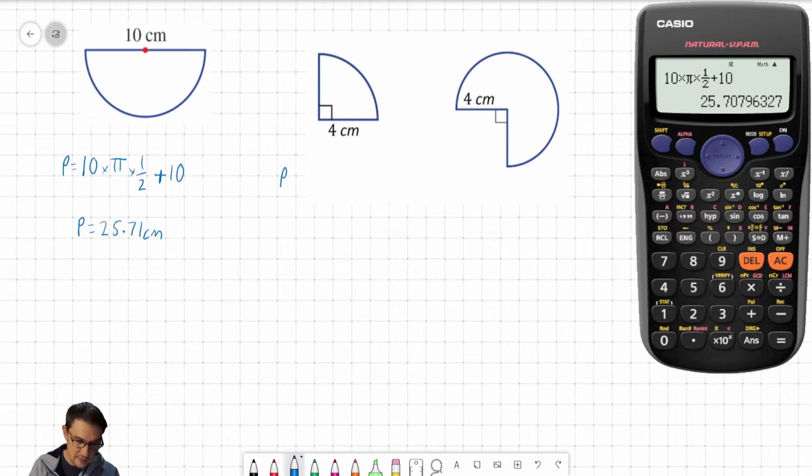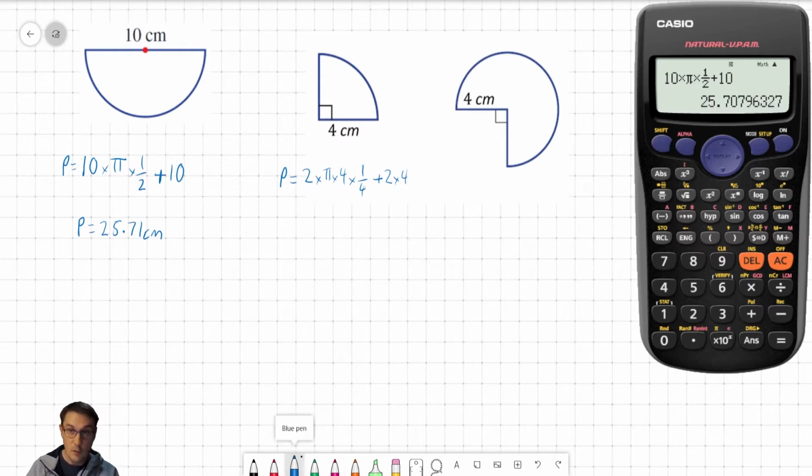In the second example now, we're going to do the same thing, except in this case, we're going to do 2 times pi times 4, because we're using the radius here in this sector. In addition, we're going to times this by a quarter, because we only have 1/4 of the circle. And then we need to add 2 times 4, because there are 2 lots of those 4 centimeters that we need to add, being this side here and this side here, onto the end.